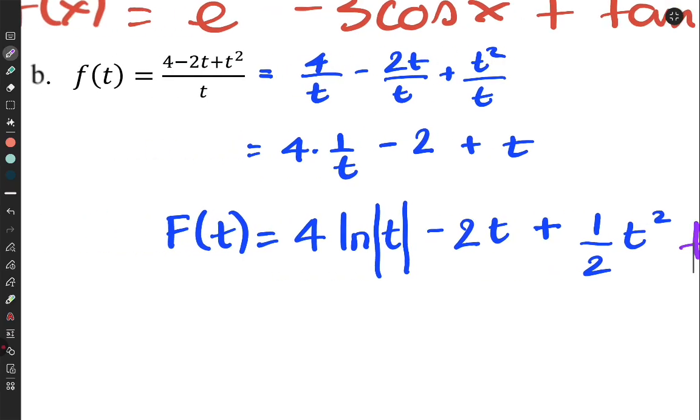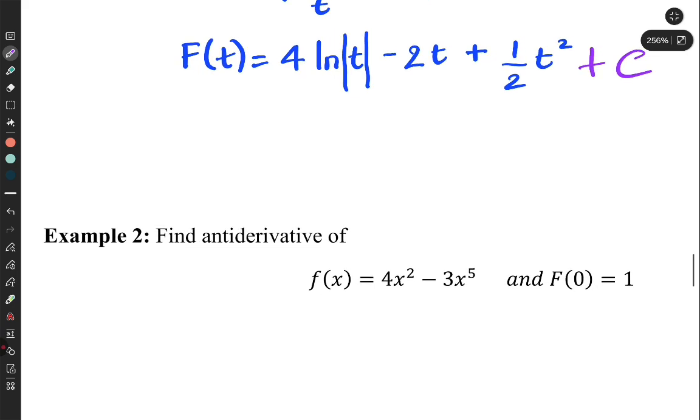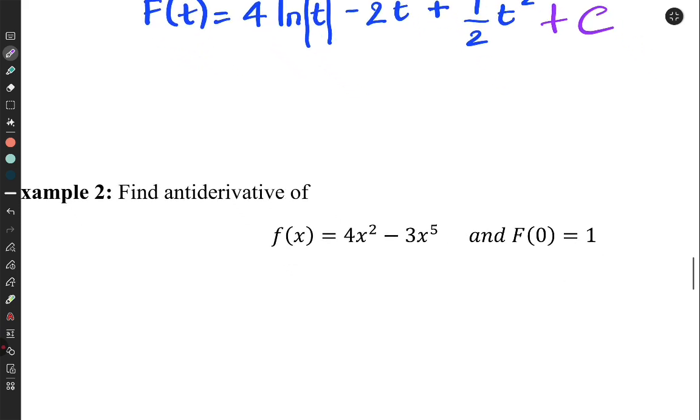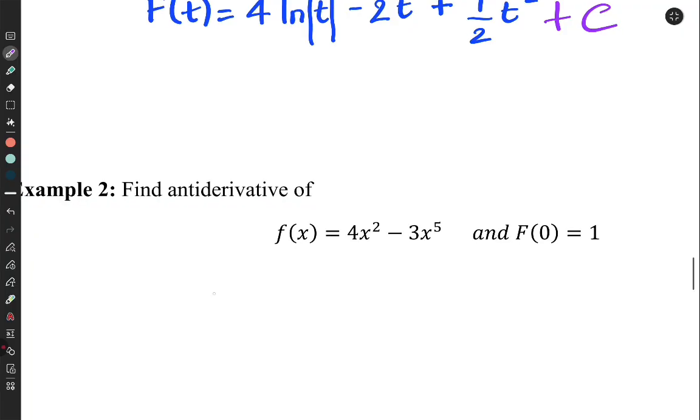Next one. Now you're going to find an actual specific one, given that. We're going to come to this later. But for now, both of them are relatively simple. Practice that.